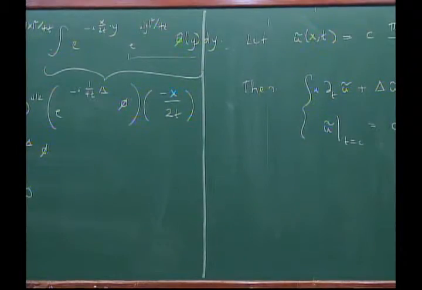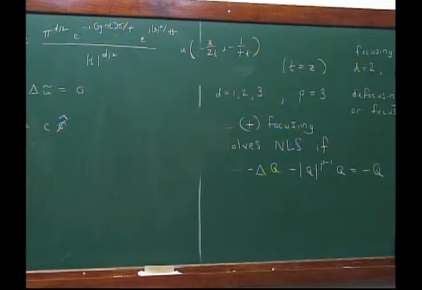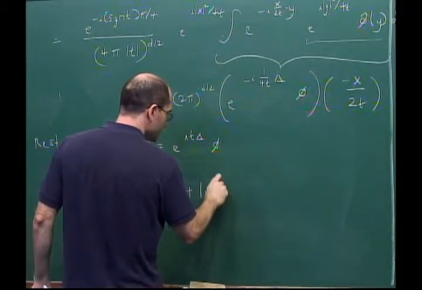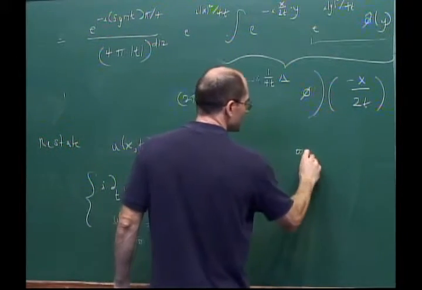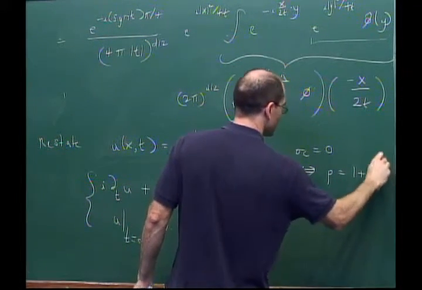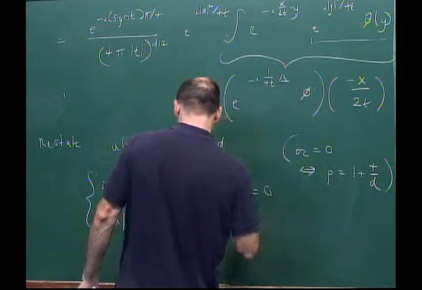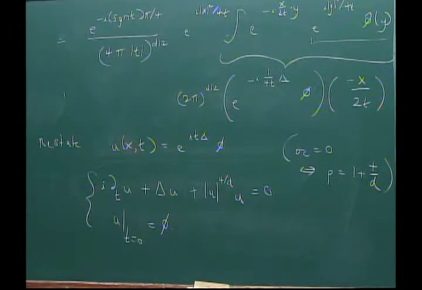And it turns out that this remains true if you add the L2 critical nonlinearity. So I want to add u to the p minus 1 times u, with p equal to 1 plus 4 over d, because sigma sub c is equal to 0 if and only if p is equal to 1 plus 4 over d. And then I have to add that over here.